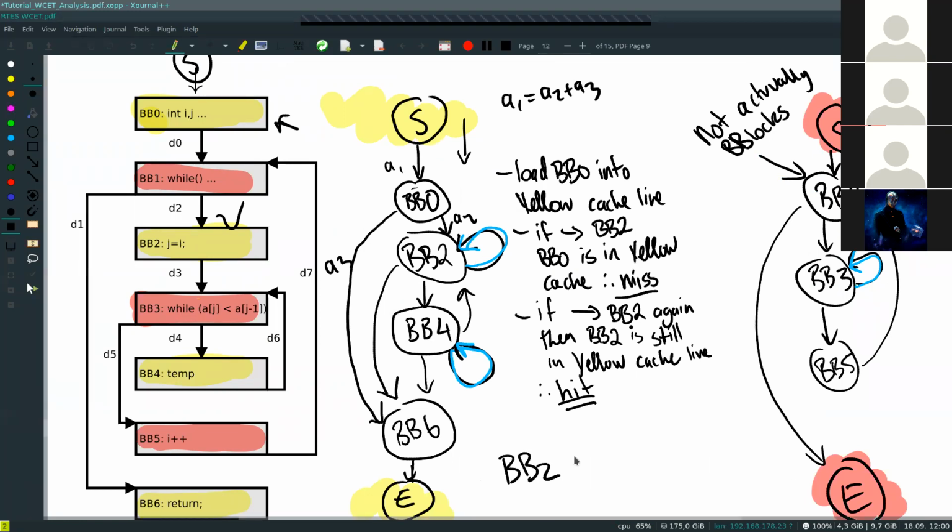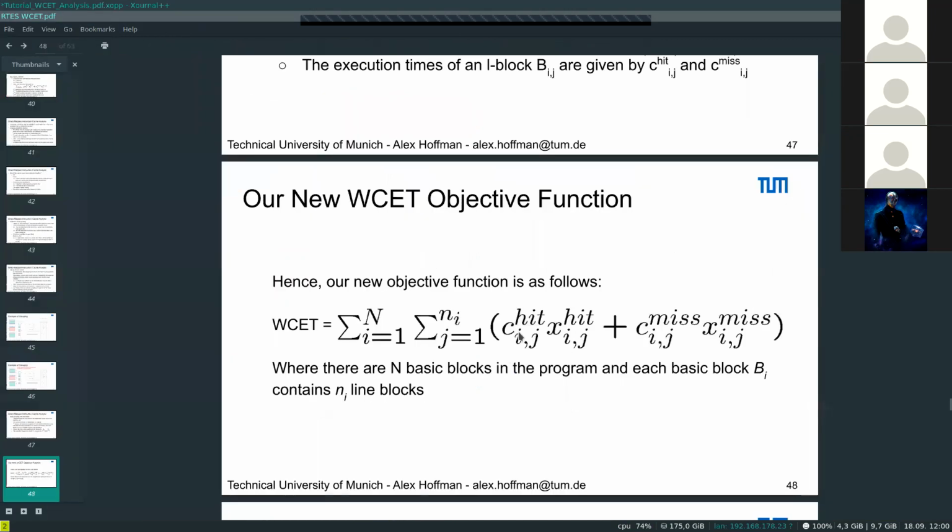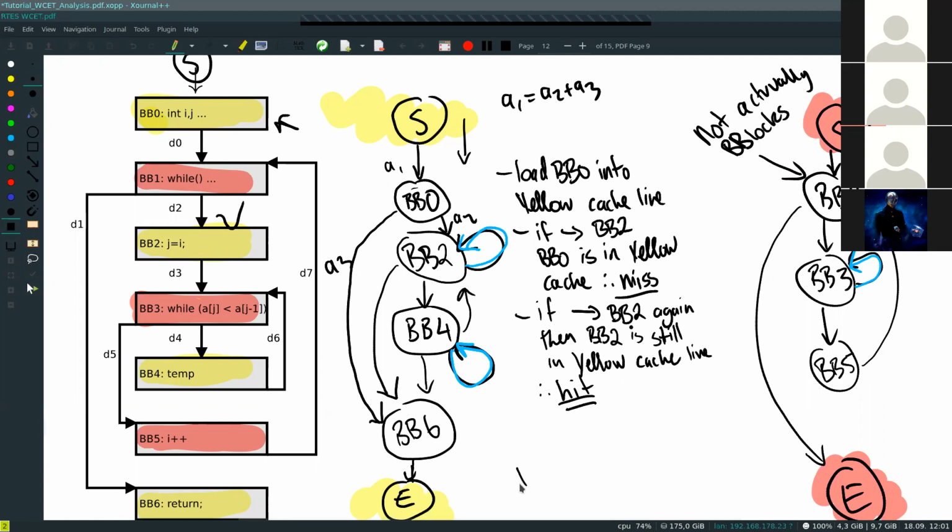Let's look at this function: the equation is the number of hits times the execution time plus the number of misses times the execution time. And so, for instance, we could say x2 equals the hits plus the misses.